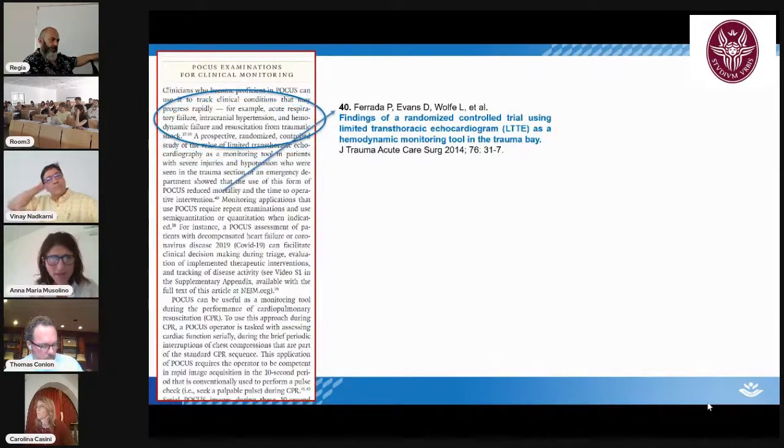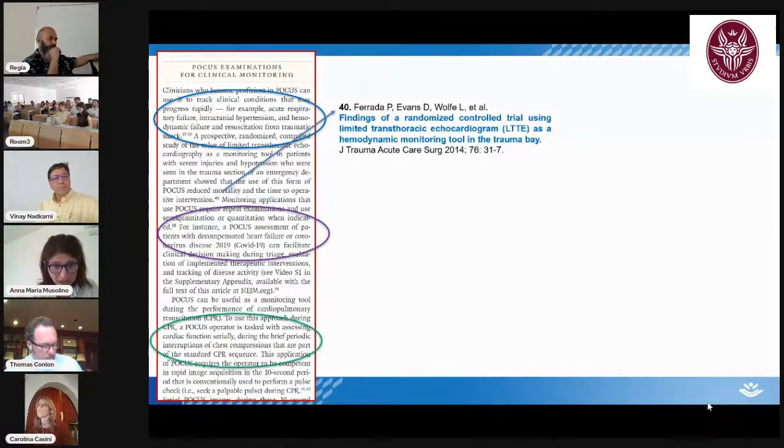And in 2021, POCUS examination for clinical monitoring, especially for acute respiratory failure, hemodynamic failure, resuscitation from traumatic shock, and POCUS assessment of patients with decompensated heart failure or coronavirus disease, and even use of POCUS during the standard CPR sequence, during the brief periodic interruption of chest compression, particularly with subxiphoid views.